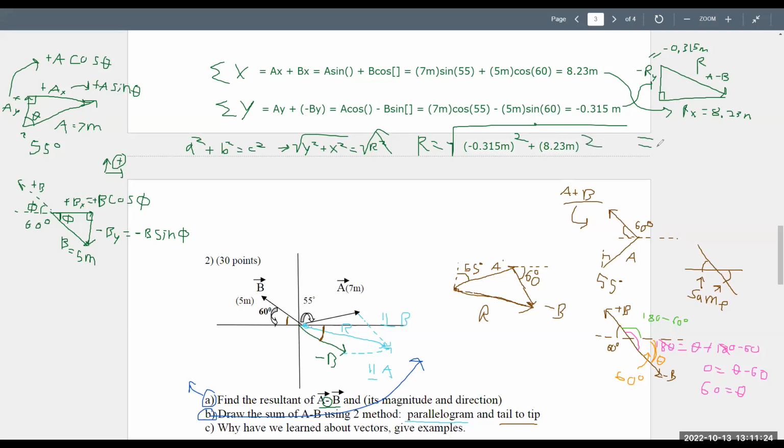And then you guys know how to plug that in. With that, you get 0.3. I got 8.24 meters. So then that's your resultant vector, and that's its magnitude.